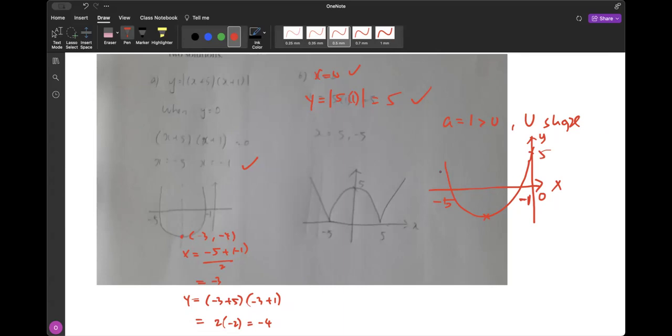So when you reflect, that means you're taking the positive part, you cannot do anything. Positive part is still the same, right? Then the negative part will be going up, right? So what is the coordinate of this point? Initially it is -3 and -4, is it correct?